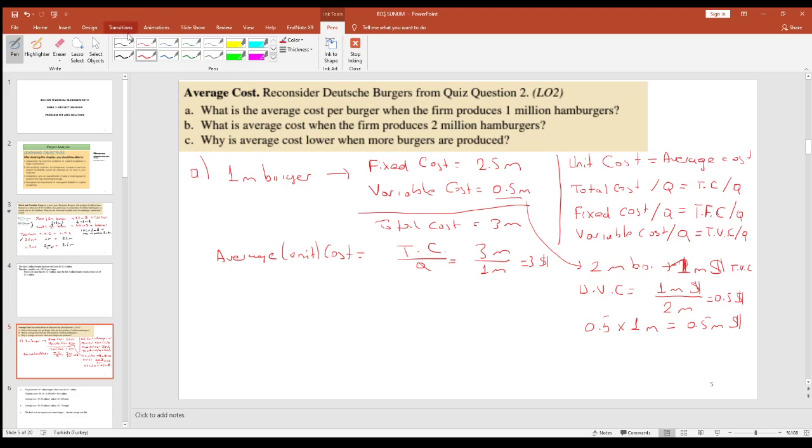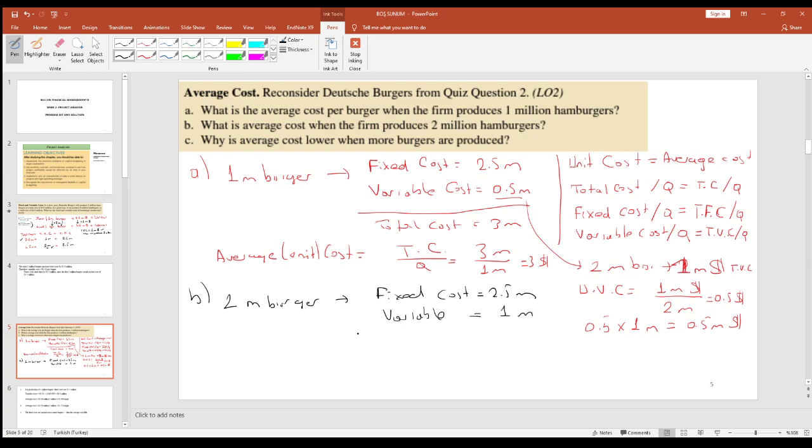So B, what if in case of 2 million hamburgers, what will happen to this? Okay, it is easy. In case of 2 million burger production, now your fixed cost remain the same, which is equals to 2.5 million. Your variable cost, if you remember, it was 1 million.